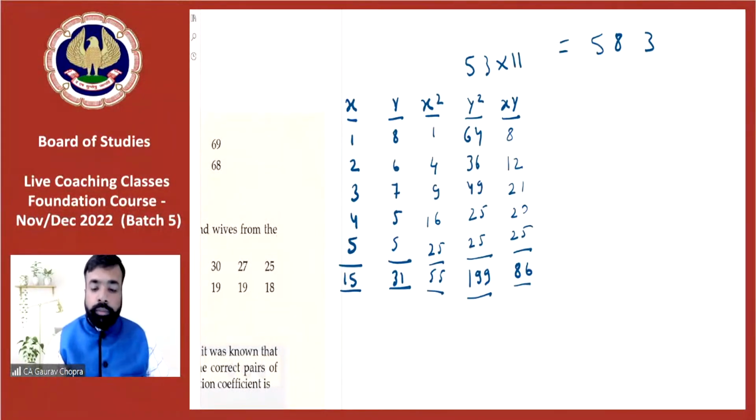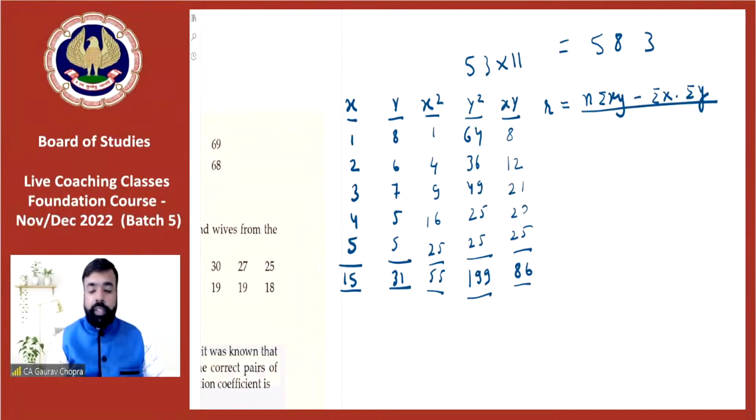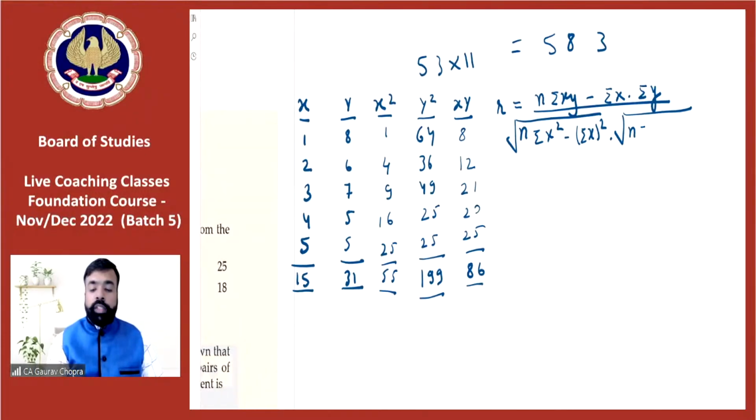Now apply the formula. N sigma xy minus sigma x into sigma y upon root n sigma x square minus sigma x whole square multiply by root n sigma y square minus sigma y whole square. Now what is n? N is 5 here.